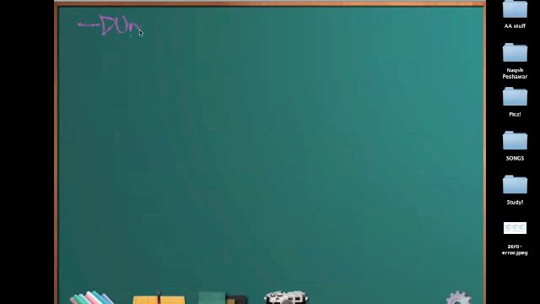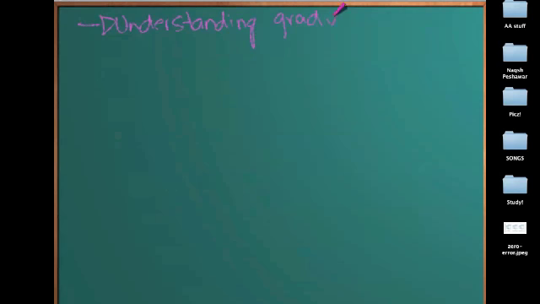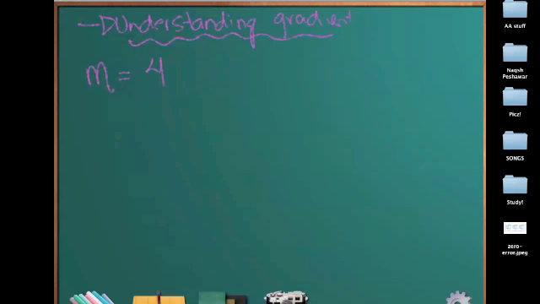We're talking about understanding gradient. If I tell you that the gradient of the line is 4, what do you understand from this? Now you have to understand that this means that this is simply 4 over 1, since there's nothing in the denominator here, so we'll just take it as 4 over 1.